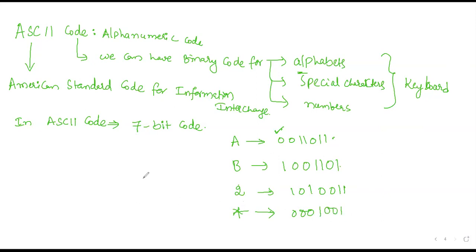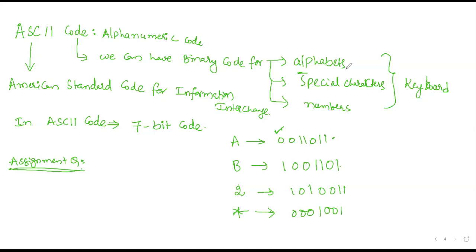Okay. Now, another assignment question. Before going to the assignment question, ASCII code is a 7-bit code and it is an alphanumeric code. Alphanumeric code means we can represent a binary code for alphabets, special characters, and numbers.